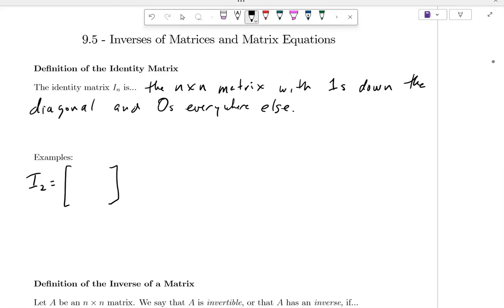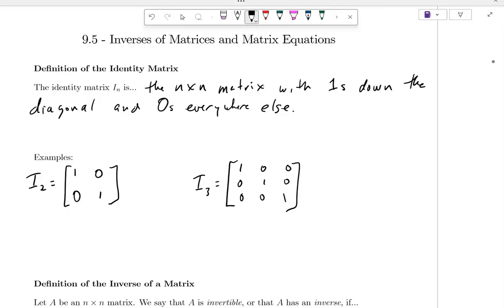So I'll have a 1 here and a 1 here, and then zeros everywhere else, 0 and 0 here. If I had my I3 matrix, I would have 1, 0, 0, 0, 1, 0, 0, 0, 1. So on down the line.